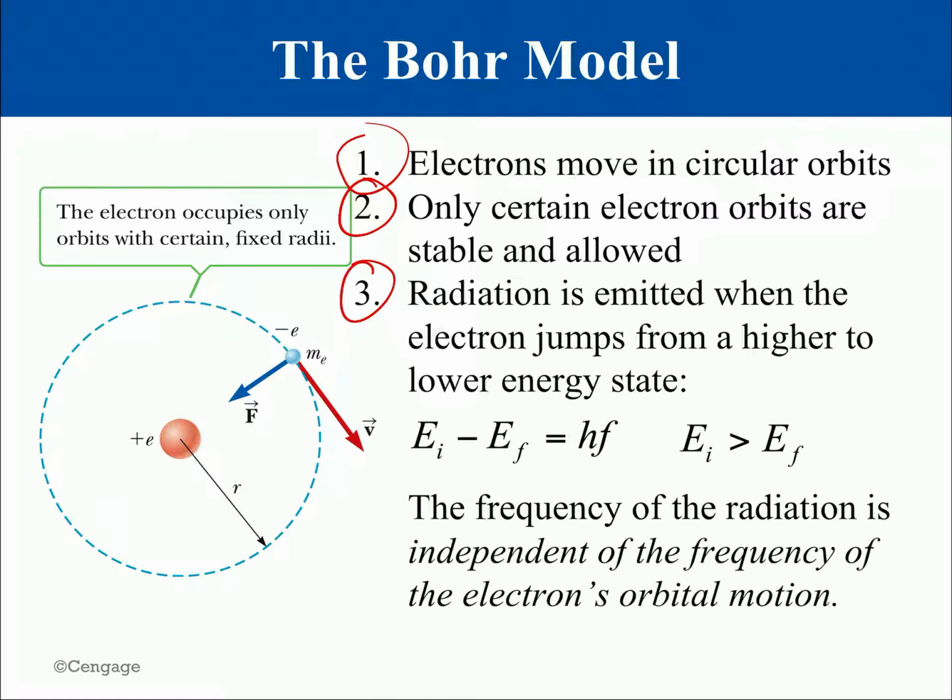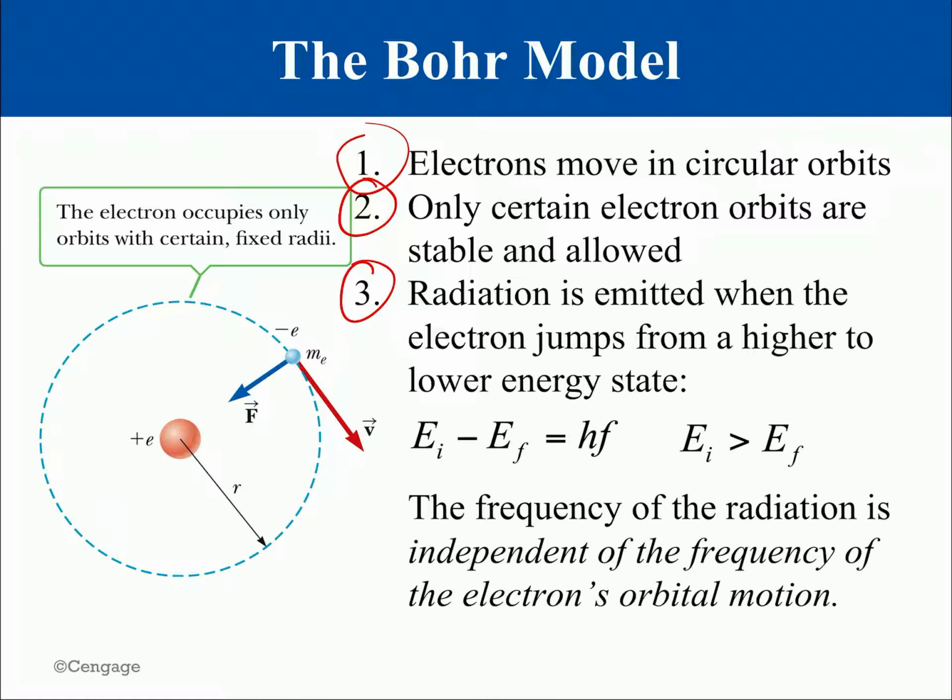3, radiation is emitted by the hydrogen atom when the electron jumps from a more energetic initial state to a less energetic state. The jump can't be visualized or treated classically. So now we're ending the planetary analogy. The frequency of the radiation emitted in the jump is related to the change in the atom's energy.